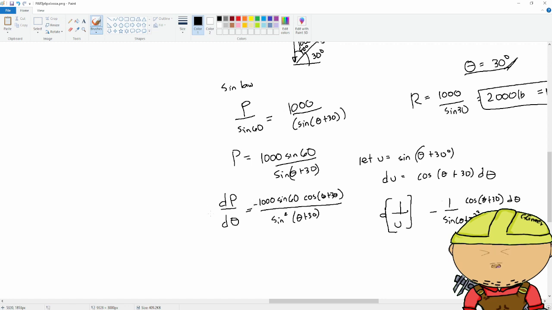And if we're going to get the minimum, dP over d theta should be 0. Meaning 0 is equal to negative 1,000 sine 60 cosine of theta plus 30 over sine squared of theta plus 30.